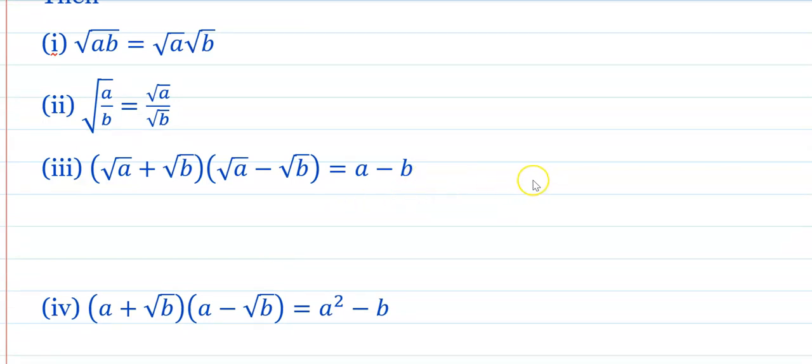Here we will apply the formula. What was that formula? x plus y into, in another bracket, x minus y, and then here you will get x square minus y square.